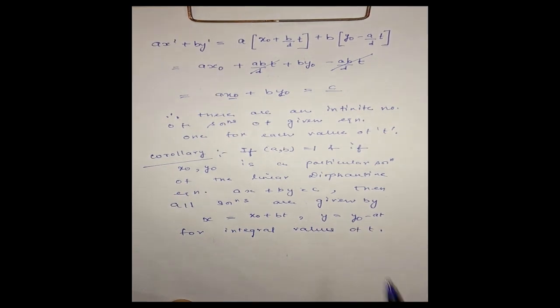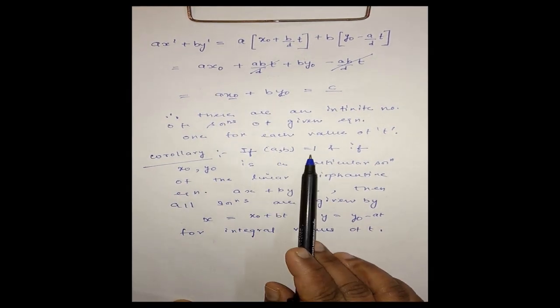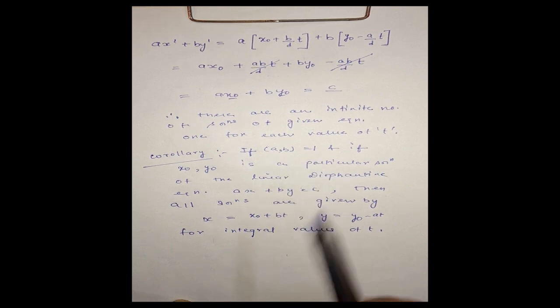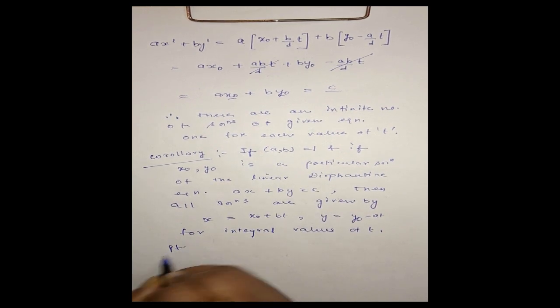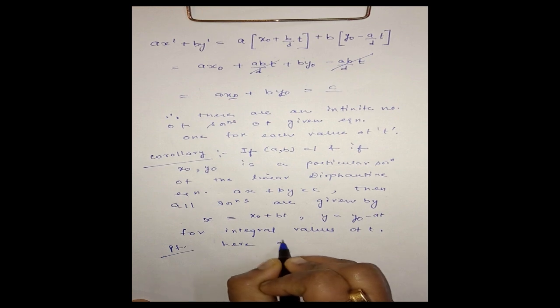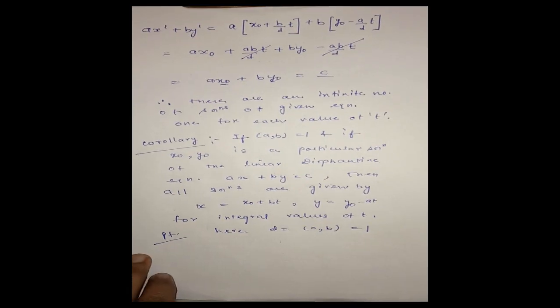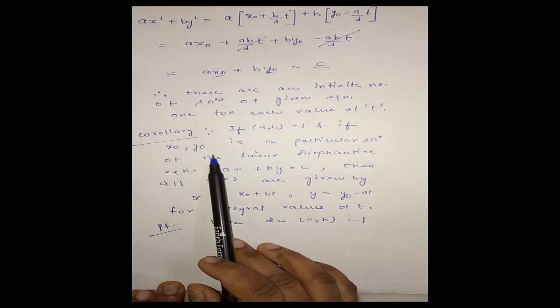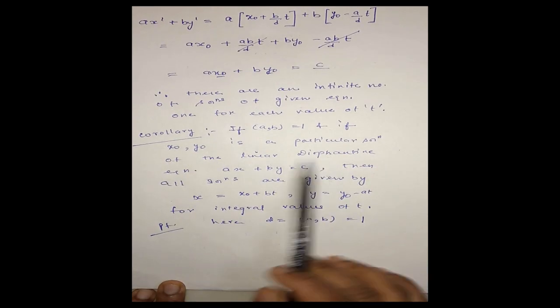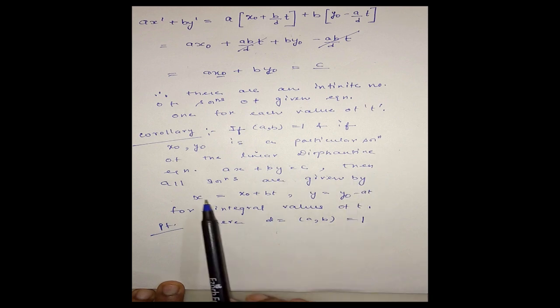Okay, means if GCD of A and B is 1. Now that means here we have d, which is GCD of A and B, is 1 here. Okay. Also, if x naught and y naught is a particular solution of the given linear Diophantine equation, then all other solutions are given by this.